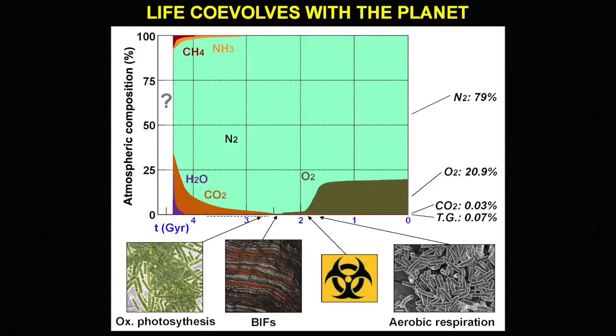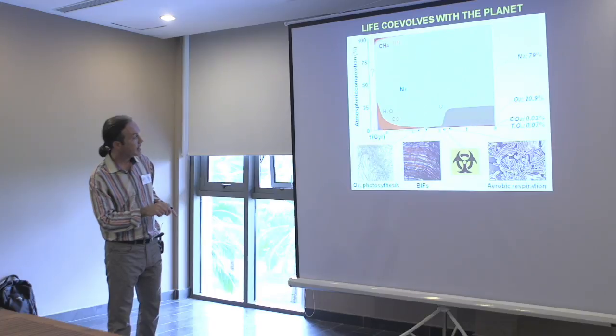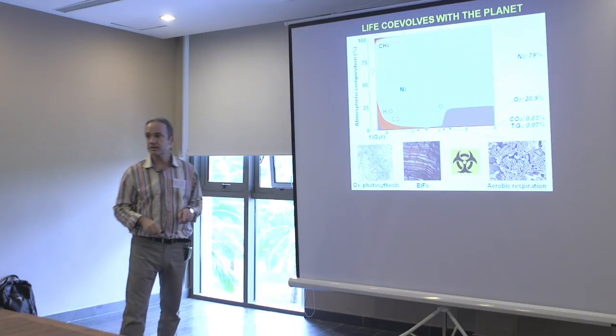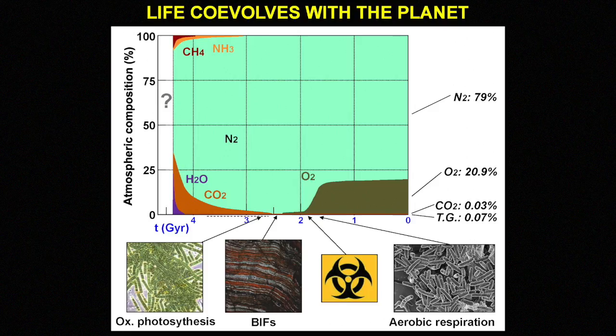It formed the banded iron formations because it oxidized all the reduced compounds, and then it started accumulating in the atmosphere. Oxygen is a demon, it's a poisonous gas, because life had evolved since here to here in anaerobic conditions. So organisms had to react to this new selective pressure that had been produced by nature also.